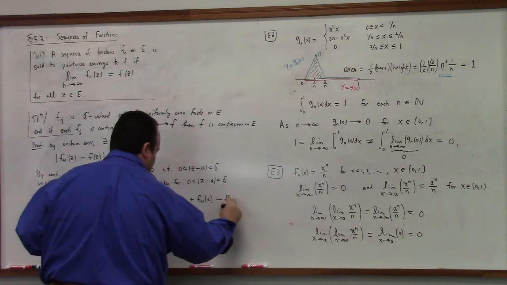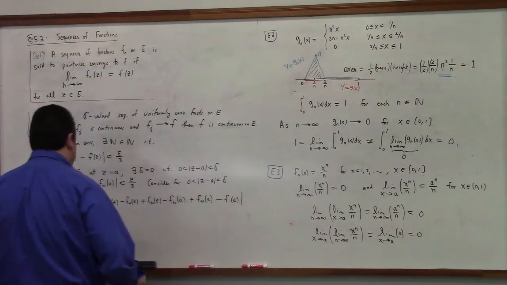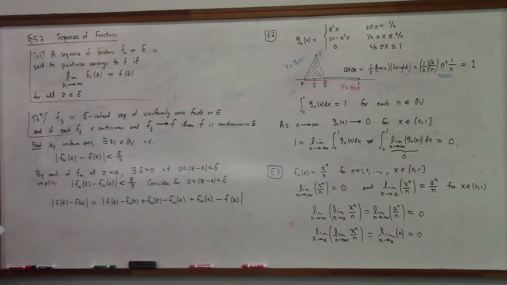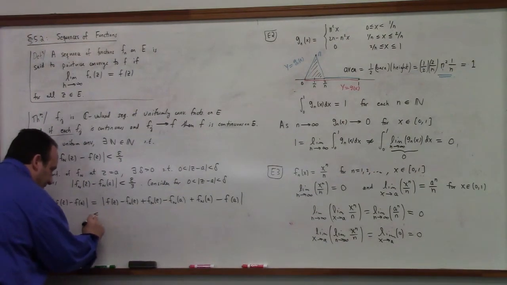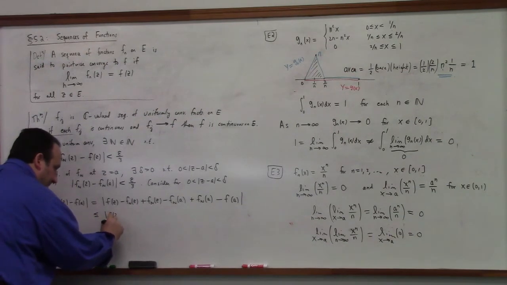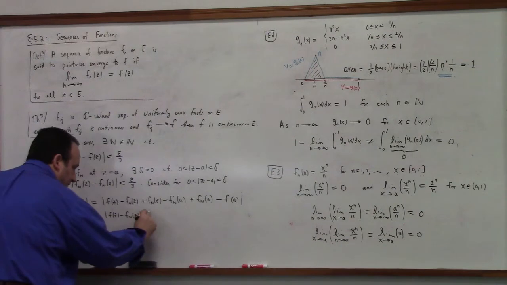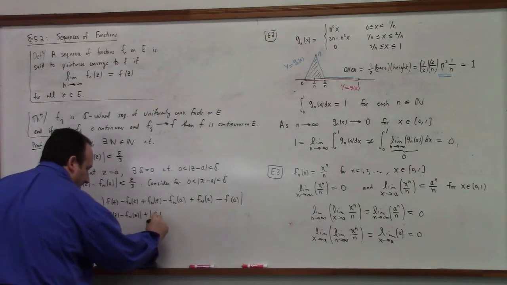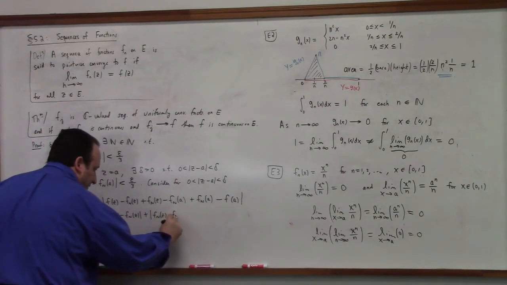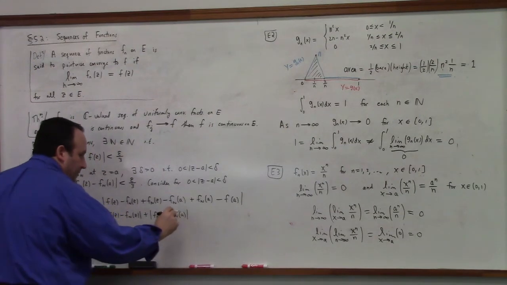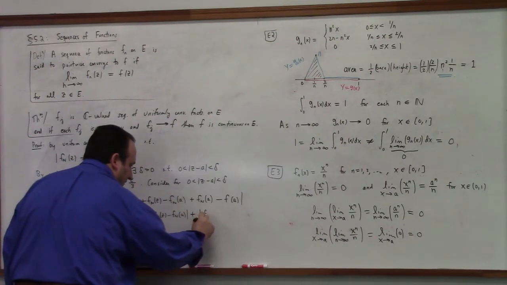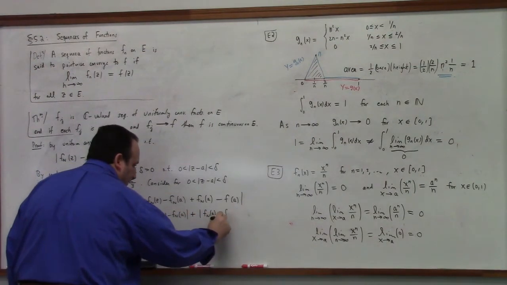So I added 0 twice. Then the triangle inequality gives me that this is at most the modulus of f of z minus fn of z plus the modulus of fn of z minus fn of a plus the modulus of fn of a minus f of a.